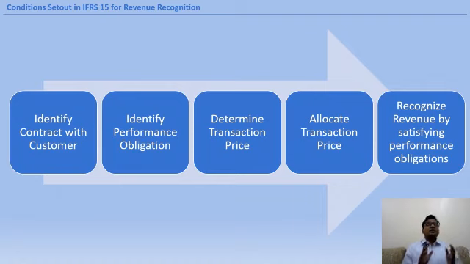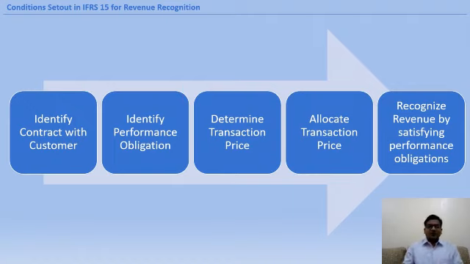When the performance obligation is met at a point in time, that is, you have agreed upon delivery of a product and you have delivered the product, that's it, and so you will recognize revenue immediately. However, if you have to perform your obligation over a period of time, then your revenue has to be allocated and recognized over a period of time.